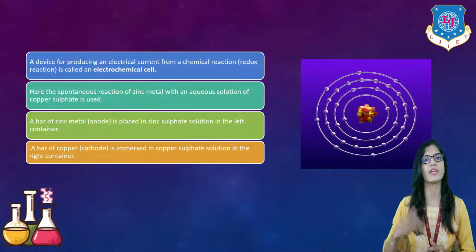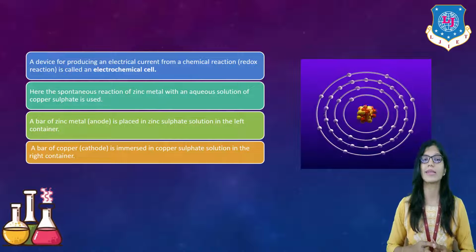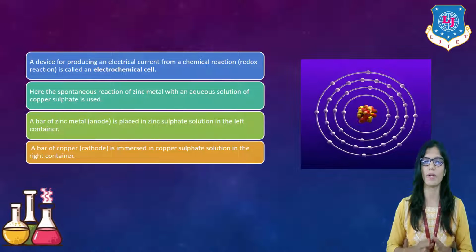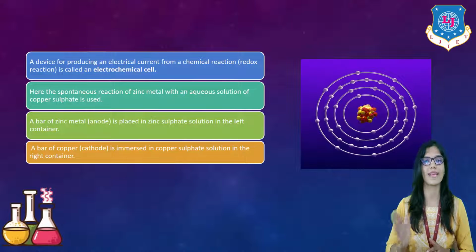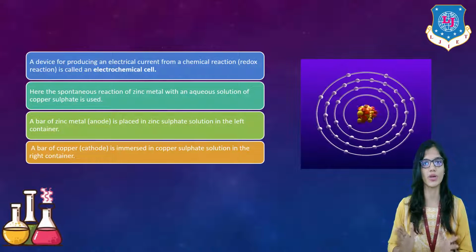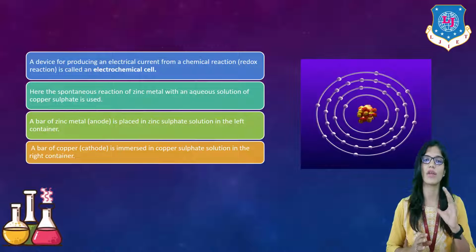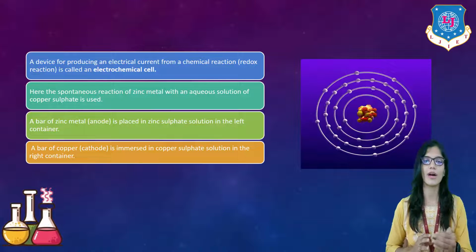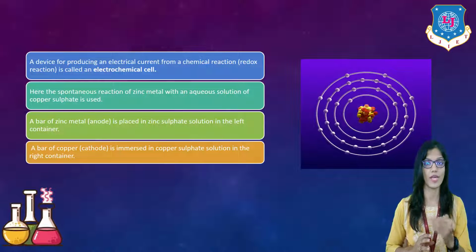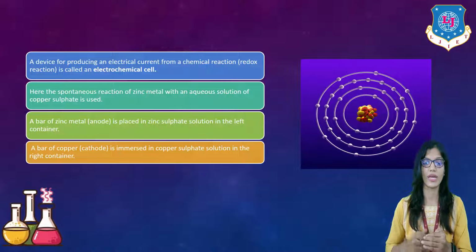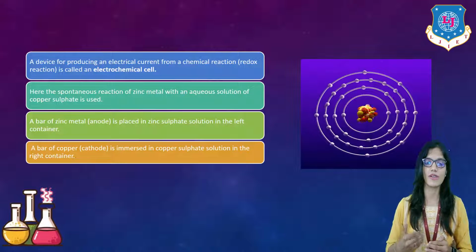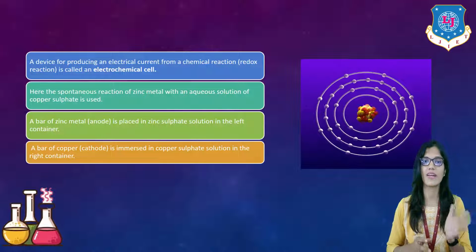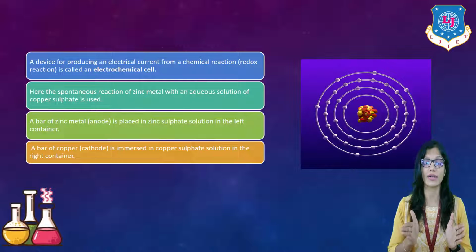As we have seen in our earlier image, there are two different compartments. One is the anodic compartment, the other is the cathodic compartment. So here we have zinc in contact with ZnSO4, right? Another, a bar of copper, which behaves as the cathode, is immersed in copper sulfate solution in the right container.